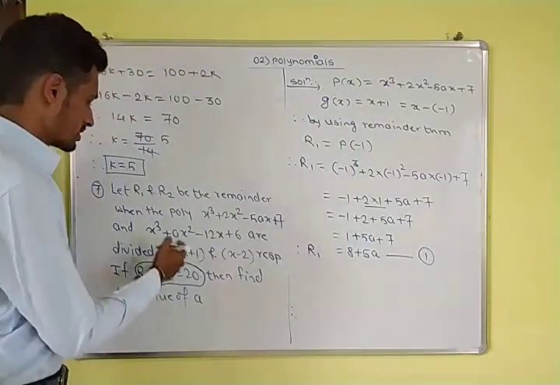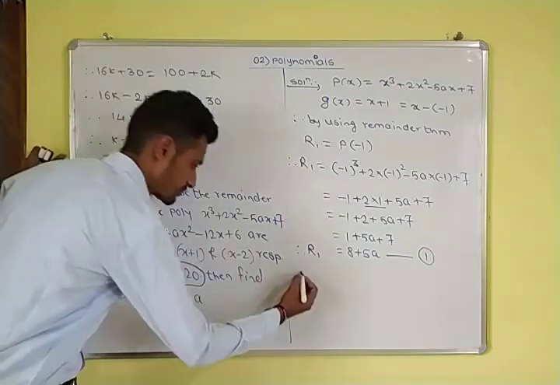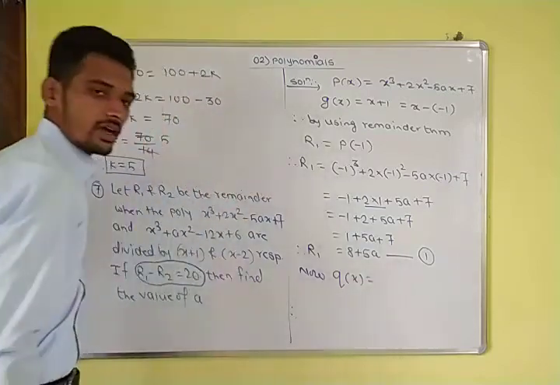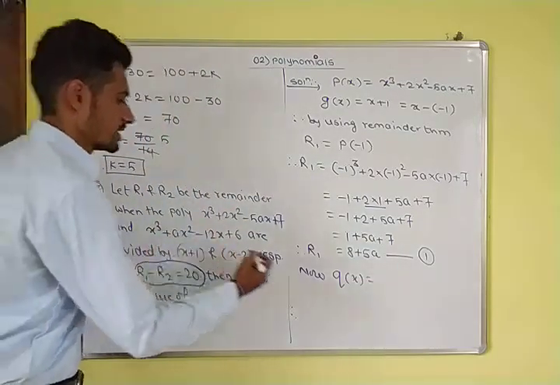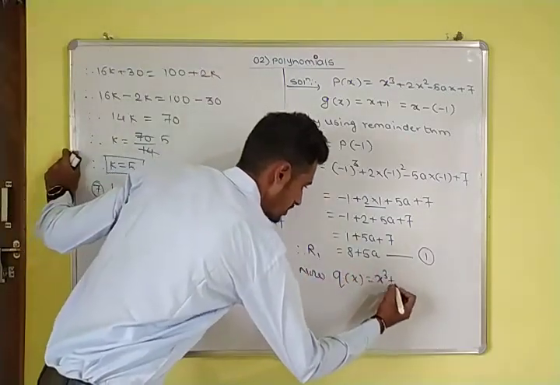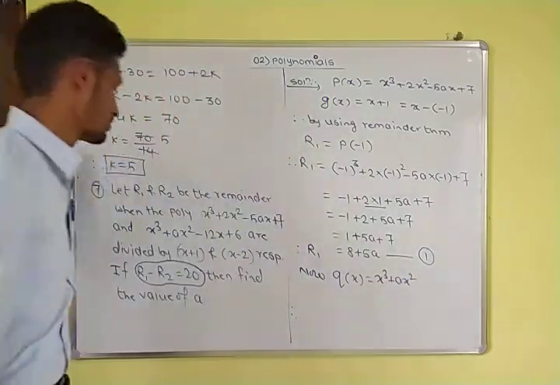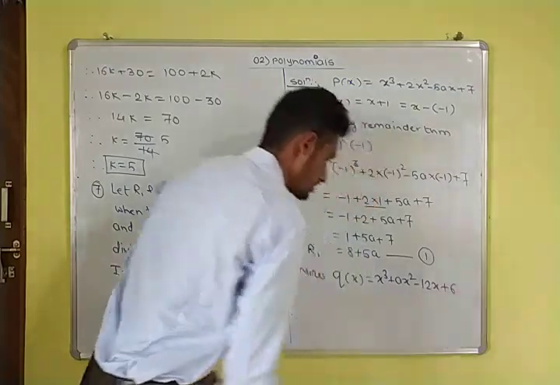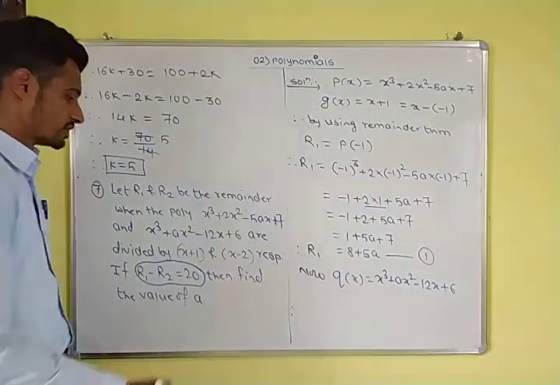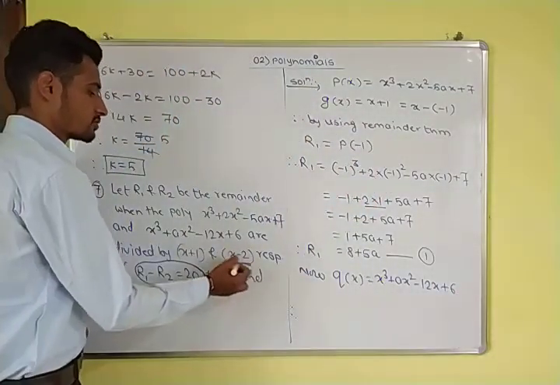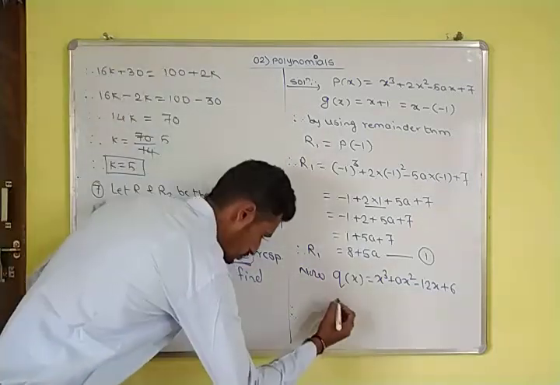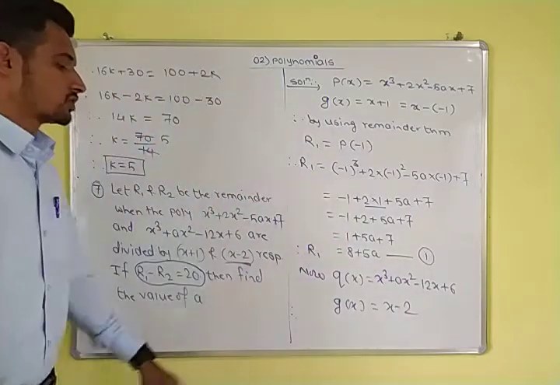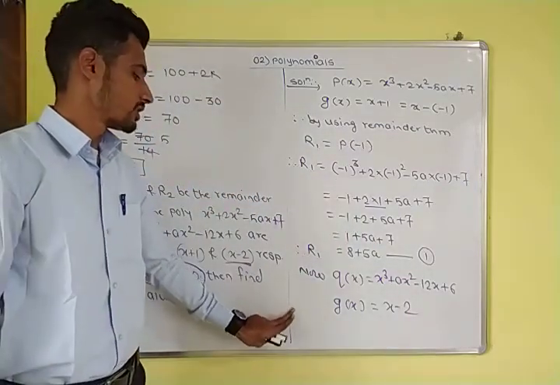Now in the second case there is another polynomial. Let q of x be the other polynomial, x cube plus ax square minus 12x plus 6, whose divisor is u of x equal to x minus 2. So according to which theorem? The remainder theorem.